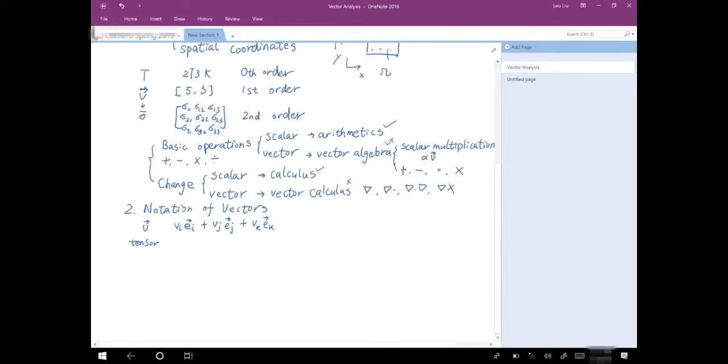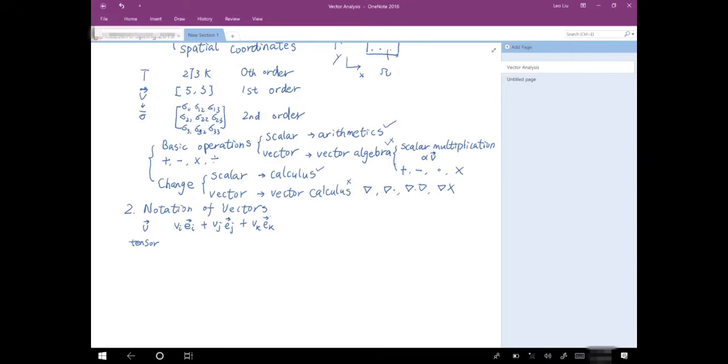So what we did here is that we project the v to 3 coordinates, to the 3 axes. And v_i e_i is just the projection of v along the i-axis. But here, I put an arrow above e_i. That means this e_i is a unit vector.